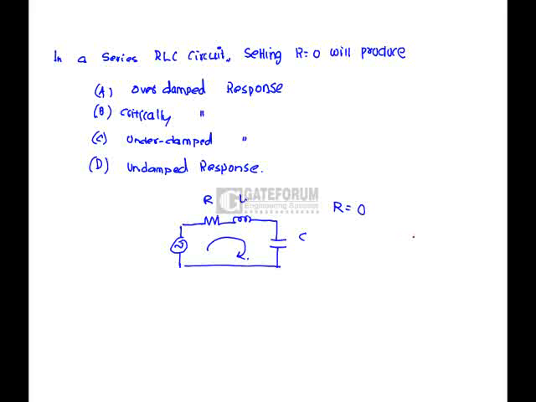There is an indefinite energy transfer between L and C, which means it produces a sinusoidal oscillation. It is kind of an oscillator, hence it is an undamped response, because here R equal to 0 means zeta, the damping coefficient, equals 0. So we will get an undamped response, that is option D is correct.